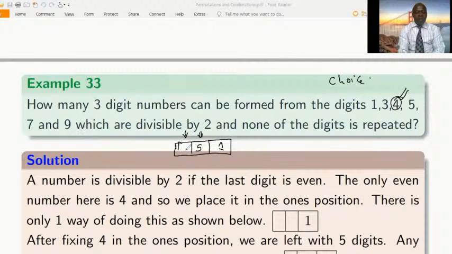We are left with 4. So we have 4 choices for the hundreds digit. So the question is, how many 3-digit numbers can we form? 4 times 5 times 1, 20 3-digit numbers. We can form 20 3-digit numbers.